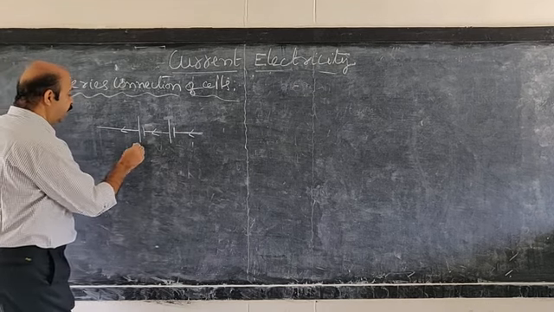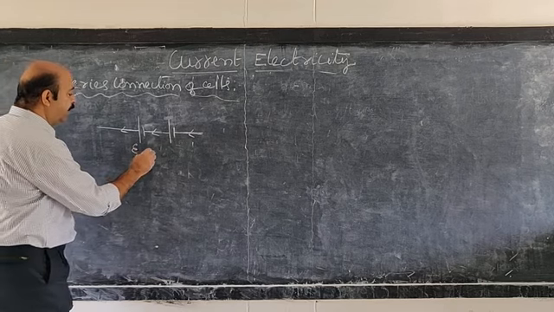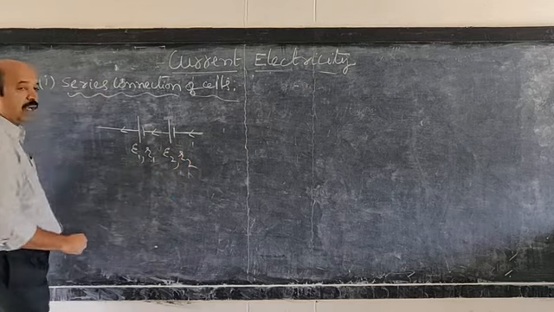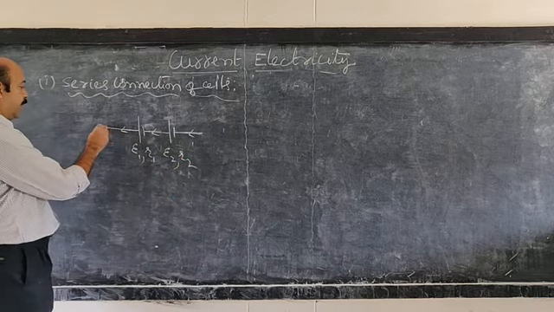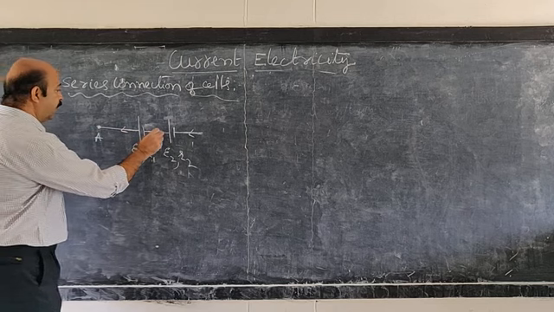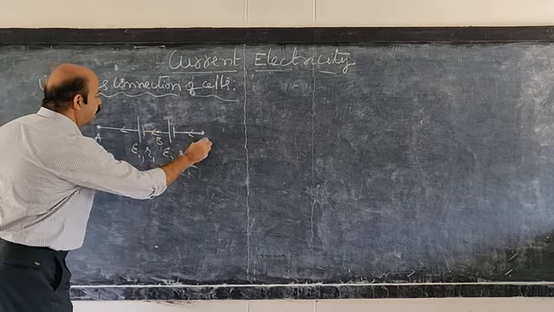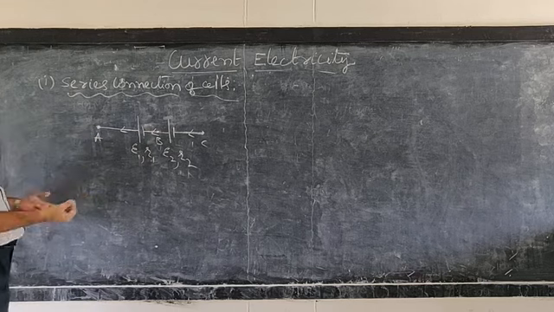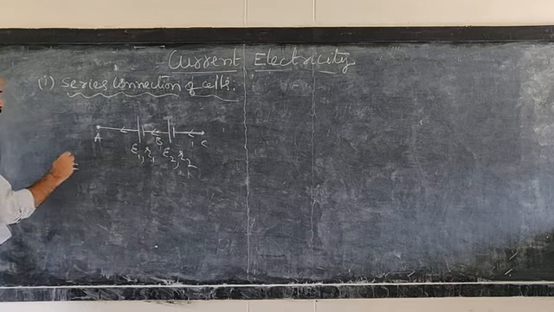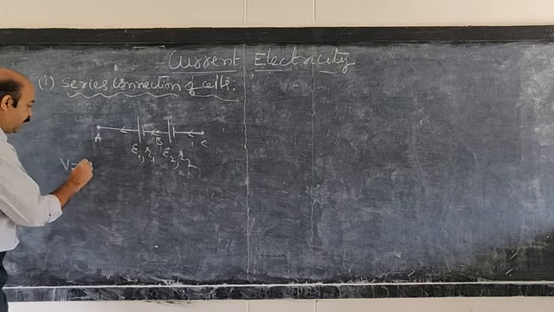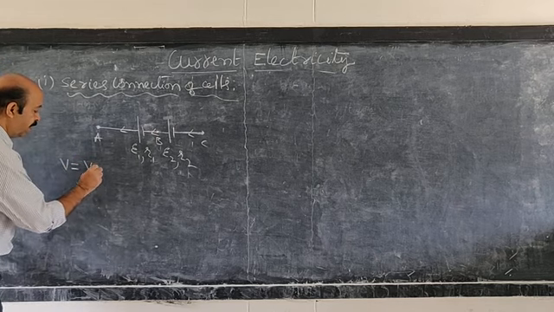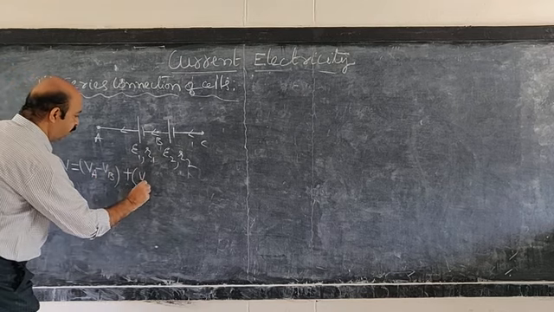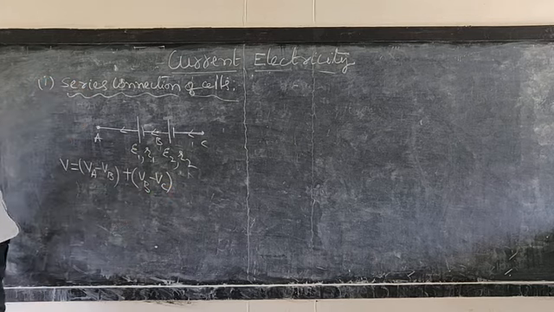Let us consider this is a cell of EMF E1 with internal resistance R1, and this is a cell of EMF E2 with internal resistance R2. Consider a point here as A, here as B, and here as C. Now I want to know the potential difference across A and C. Let us call it V. It is nothing but the potential difference VA minus VB plus the potential difference VB minus VC.